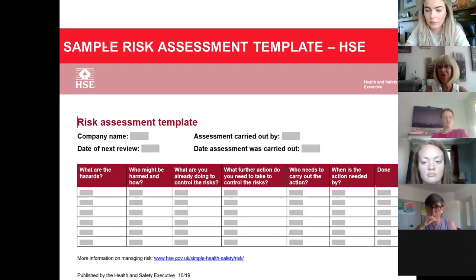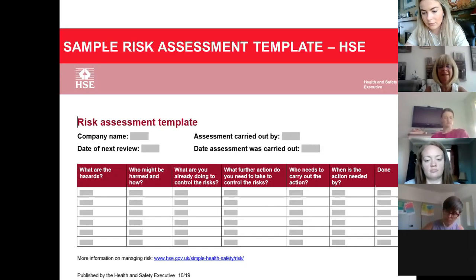That's actually a control measure because you're providing information to people, making them more aware of the symptoms so that they're able to take action. This is something that you'd detail in the third column, what you're already doing, so you've got a record of the controls that you already have in place.